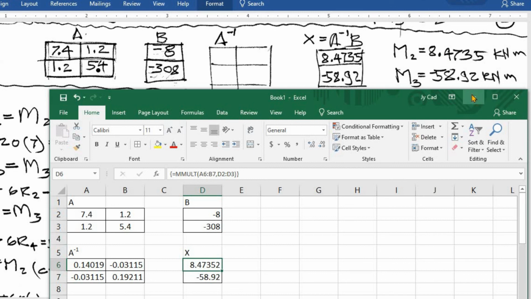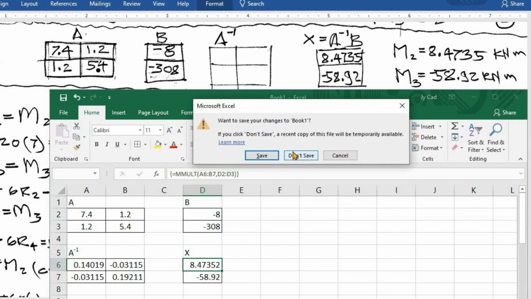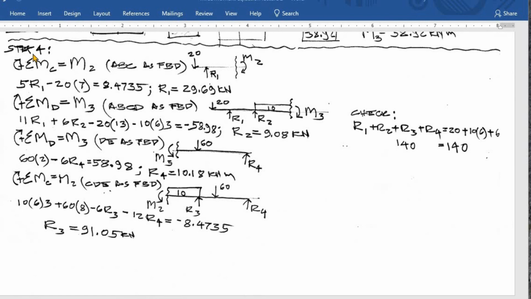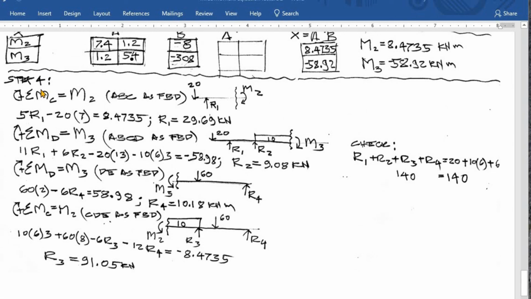Okay guys, so, i-exit ko na tong Excel. Now, let's go back to step 4, which is solving for the reactions. Okay, so ipapasok na natin si value ng M2. So, mag-cut tayo ngayon sa point C, which is ito. Summation moment at point C is equal to M2, ABC as free body diagram.